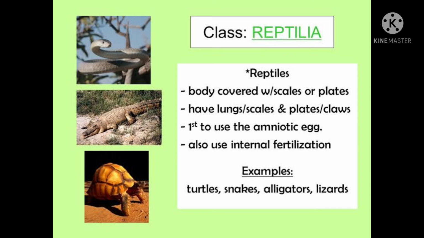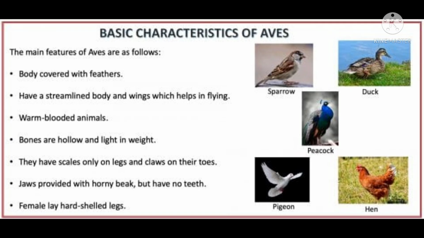Class Reptilia. These animals are cold-blooded, have scales and breathe through lungs. While most of them have a 3-chambered heart, crocodiles have a 4-chambered heart. They lay eggs with tough coverings and do not need to lay their eggs in water, unlike amphibians. Snakes, turtles, lizards, and crocodiles come under this category.